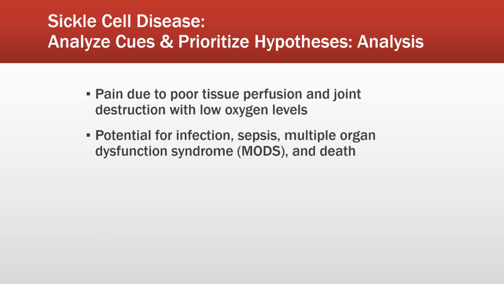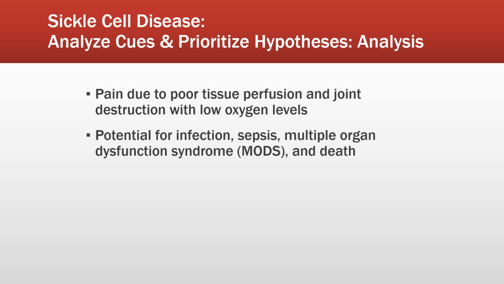Once we get our health history, and we do our physical exam, our psychosocial exam, and those diagnostic testing that I just presented, then we're going to look at those cues. What information are we getting, and what is the priority? Because once we get those signs and symptoms or cues, we're going to analyze them and say, okay, what is the priority of care? What are some of the things that are most important that this patient needs? And so we look at pain.